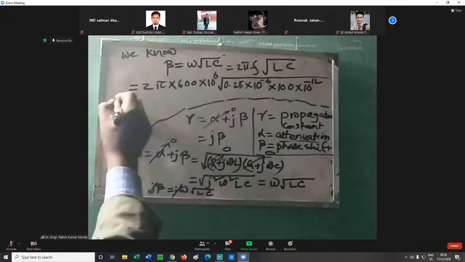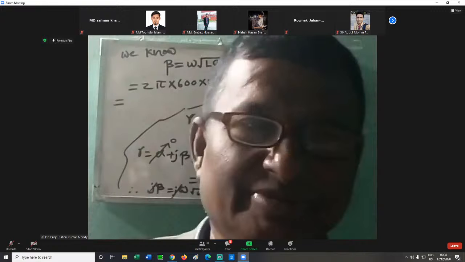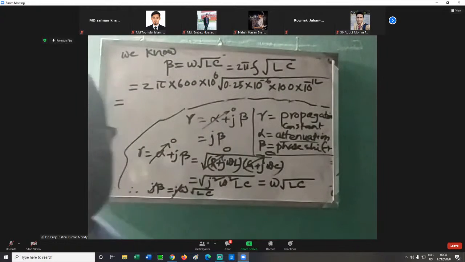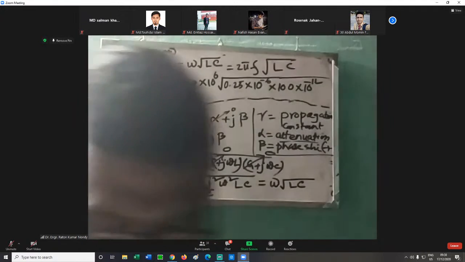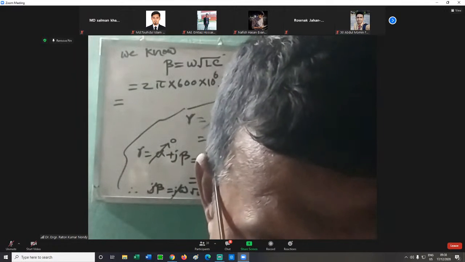You calculate, then we will get the phase shift beta. Every point, note down in your notebook. So what are we getting for beta? Calculate, and I will see whether it coincides with the book's result. They have given the result.